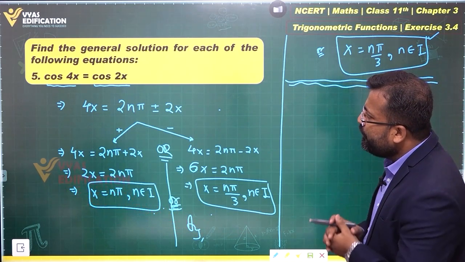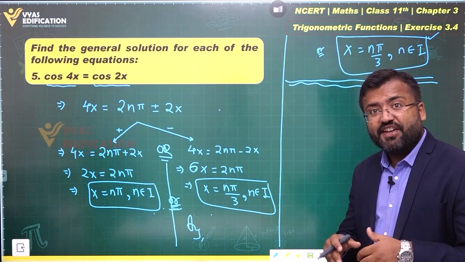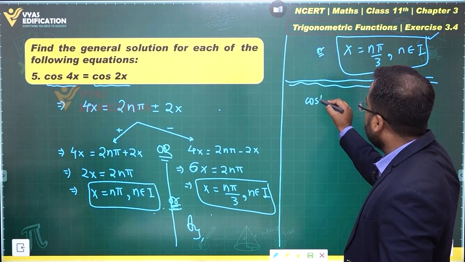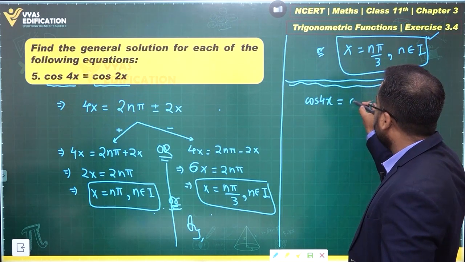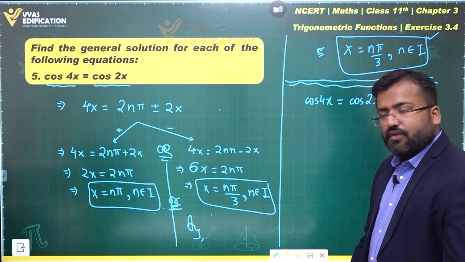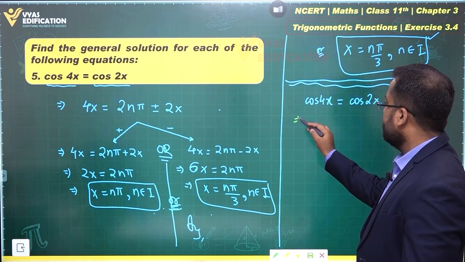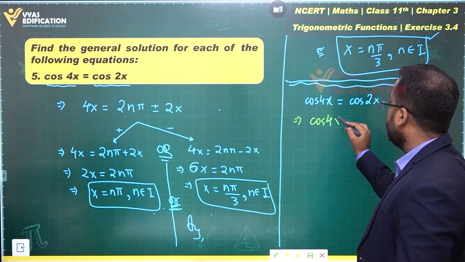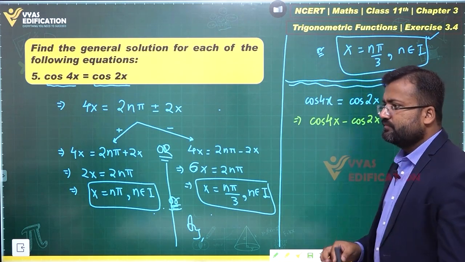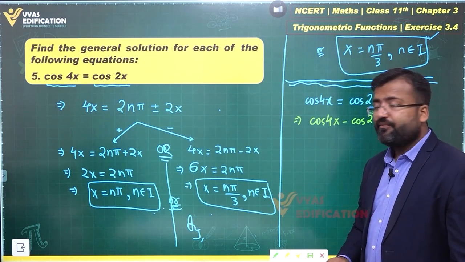I can write cos 4x equals cos 2x in a different way. I can solve this in a different way. It is given that cos 4x is equal to cos 2x. Why not bring this cos 2x over here? Yes, I can do it. Cos 4x minus cos 2x equals 0. Is that okay? Yes.